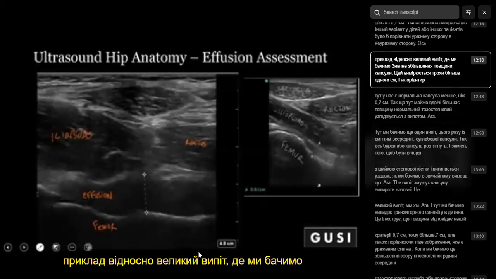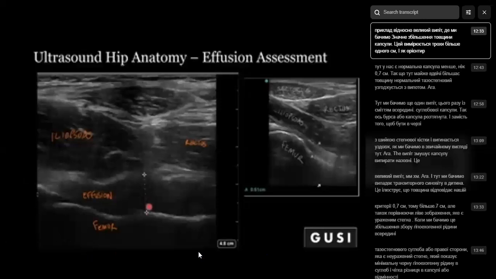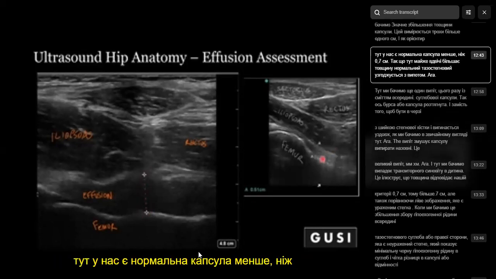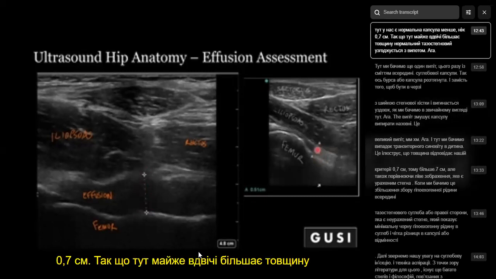Here is an example of a relatively large effusion where we see a significant thickness increase in the capsule. This one measured just over 1 centimeter. And as a reference, here we have a normal capsule of less than 0.7 centimeters. So here almost double the thickness of a normal hip, consistent with an effusion.